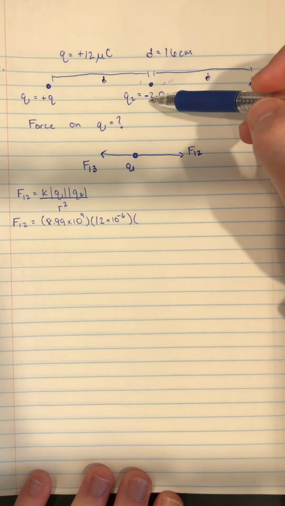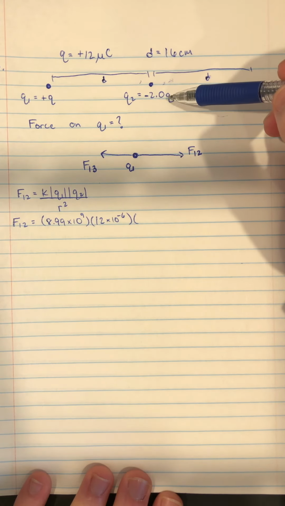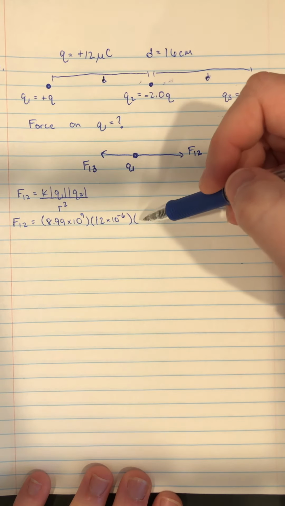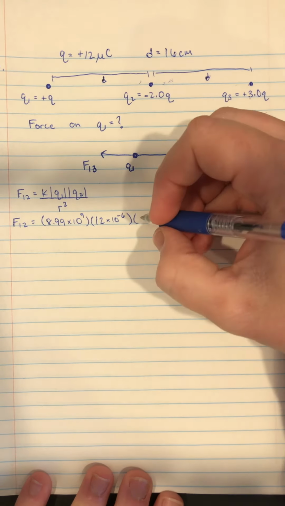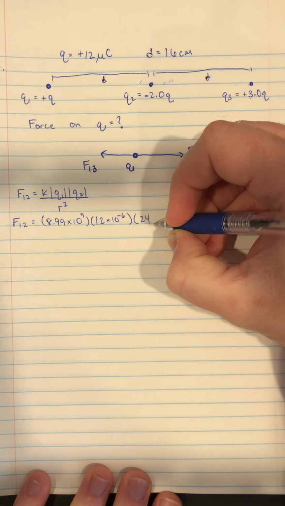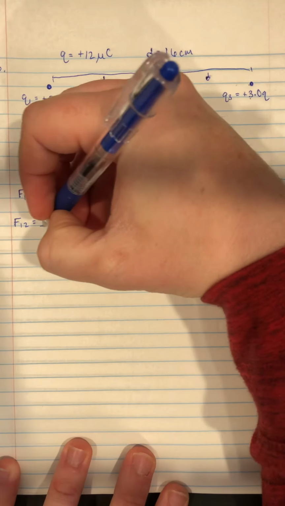Q2, it says, is negative 2 times Q. So that would be negative 24 microcoulombs. But we don't put in the negative sign because it's absolute value. So we'll get 24. Oh, I should write times 10 to the negative 6th, not microcoulombs. We want the actual number in the problem here.